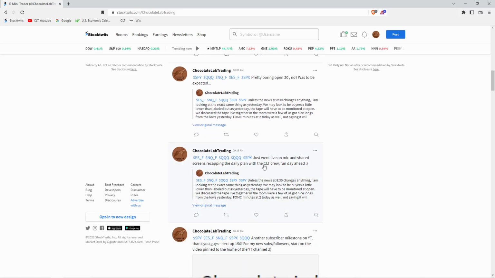So at 9 a.m., I believe I touched on this in this video. If not, I have these annotated screenshots that I post in the Discord of what I am looking at for the tools, what I'm deriving from it, and whatnot. But on top of that, at 9 a.m. every day before market open, I will share screens on the Discord, hop on mic, and run through the daily plan as well.